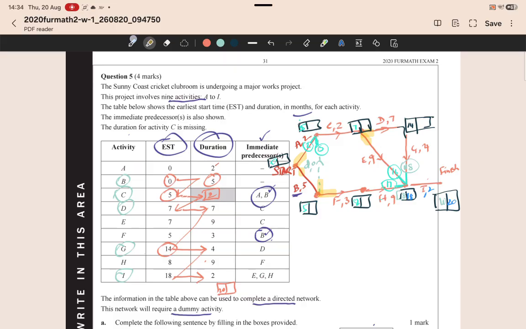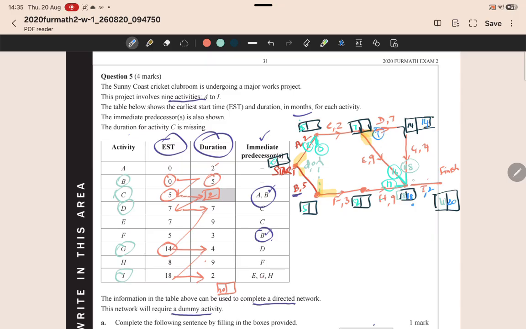Okay, so let's start again. 20 take away 2 is 18. Going along G, 18 take away 4 is 14. And then 14 take away 7 is 7. Making a choice, so write it here. And then again back to the 18 over here.